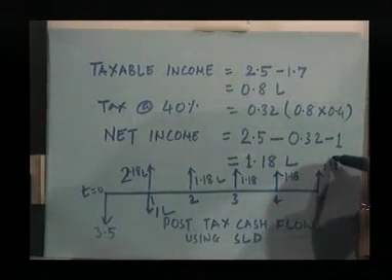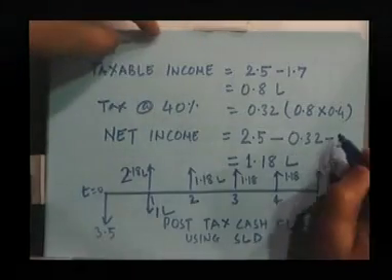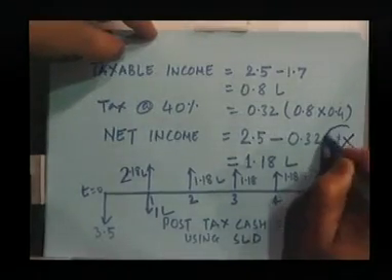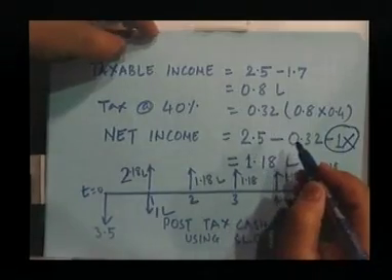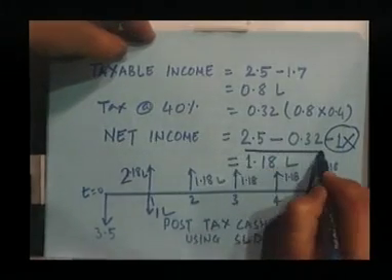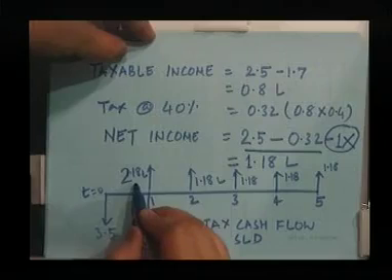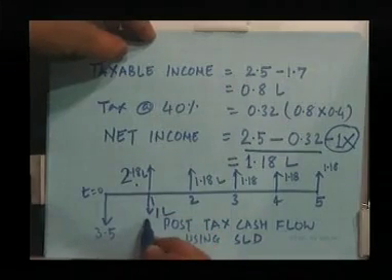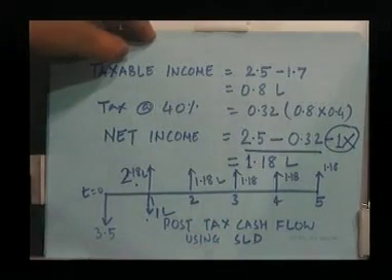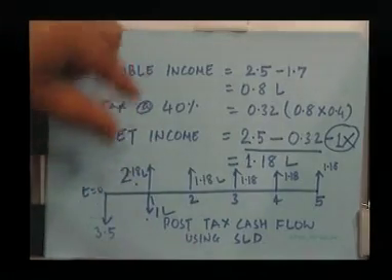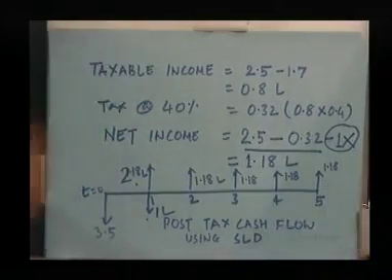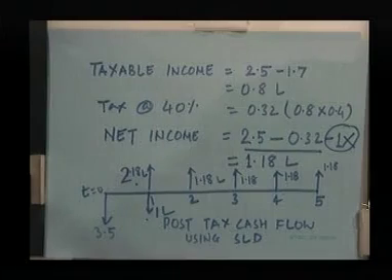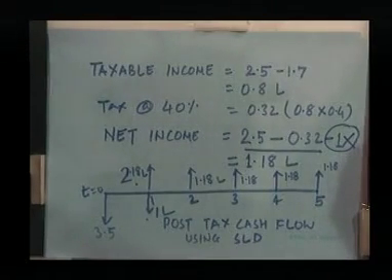Because we are trying to get the net income. If you don't want to do this, you can remove it from here. What you can do is 2.5 minus 0.32, which is 2.18, and then show 1 lakh separately. Either you can do it like this, or straight away you deduct from there. Is it clear now? Yes. Okay, good. Thank you.